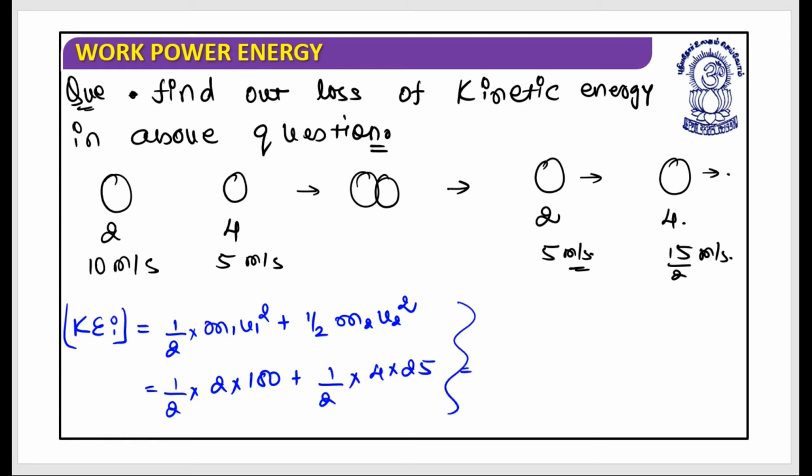So this 2 has gone, this equals 100 plus 2 25s are 50. So this equals 150 joule. This is the initial kinetic energy of the system. I am talking about the system. Let's find the final kinetic energy.